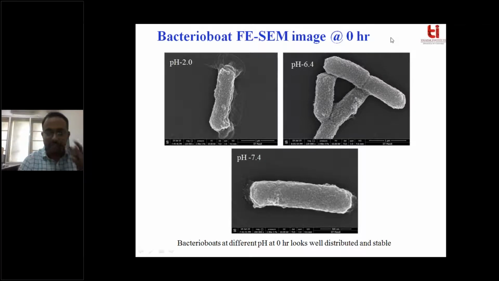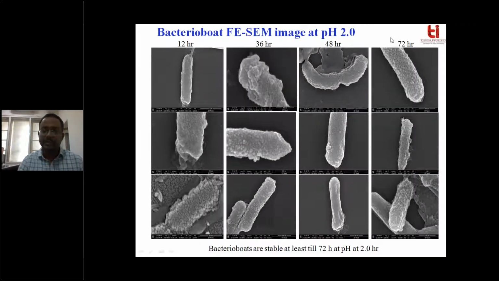So we tested in the presence of those enzymes as well as the salts, and we checked the stability of those particles till 72 hours. So this is for pH 2. I'm just showing the data.